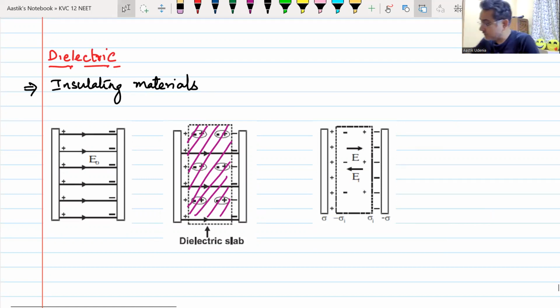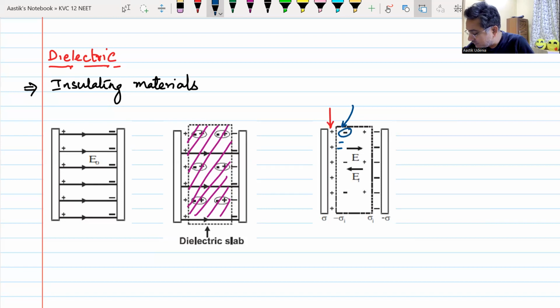The face which is facing the positive charge of the capacitor gets a negative charge. You can see this negative charge. And the face which is facing the negative plate of the capacitor gets a positive charge.